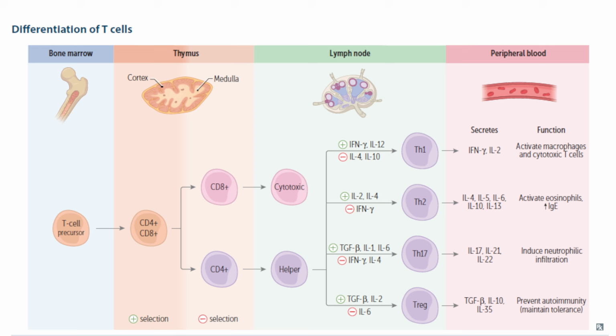Something that I would like to clarify here is that this whole group of Th1, Th2, Th17 and T regulator, they all come from T helper. You can see here it's very confusing because I was saying that it comes from cytotoxic T cell, like a CD8 cytotoxic.